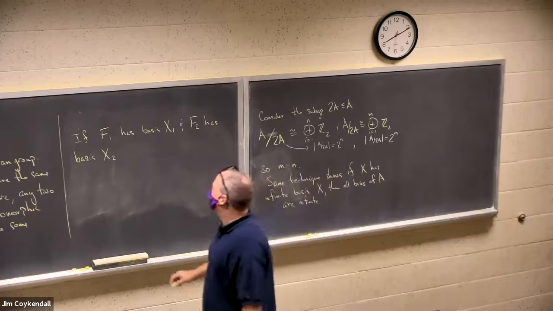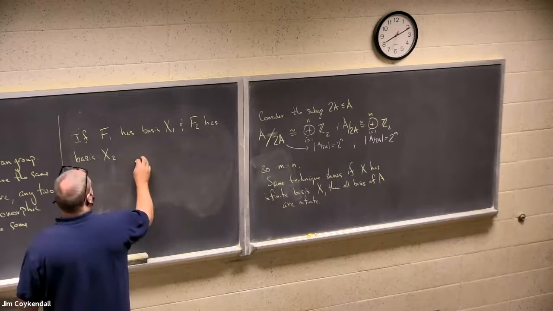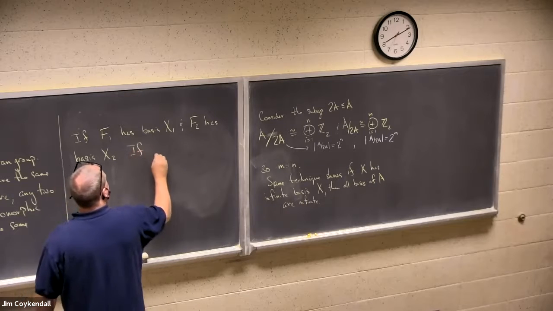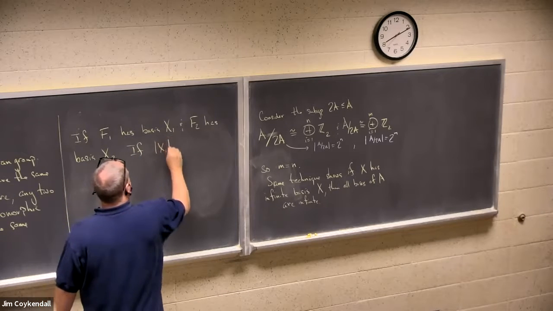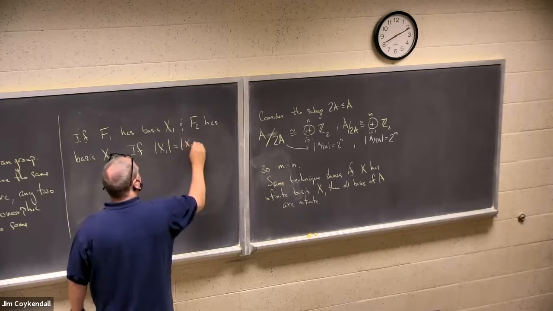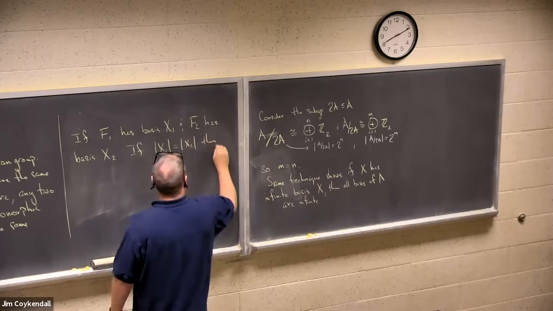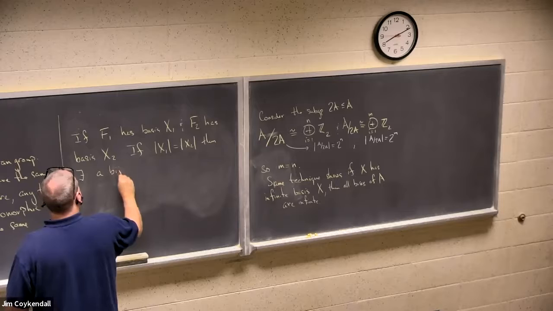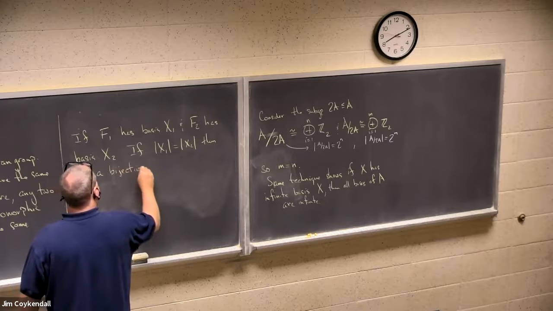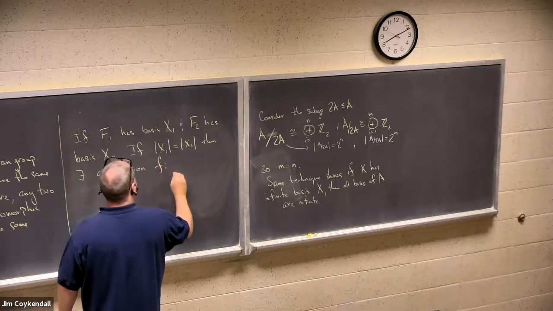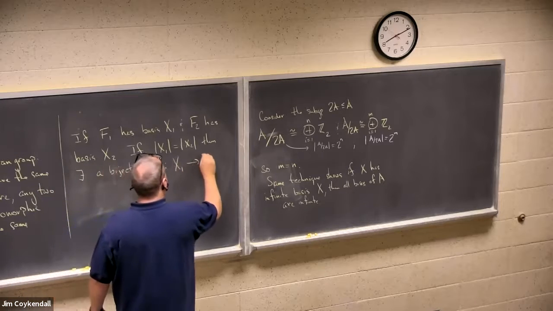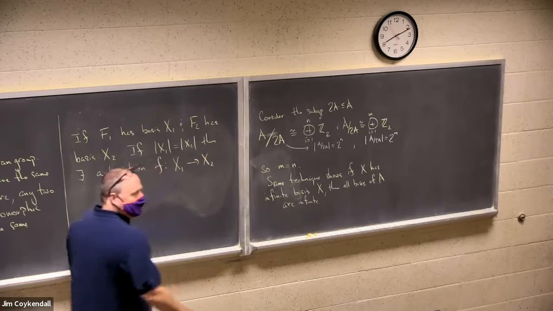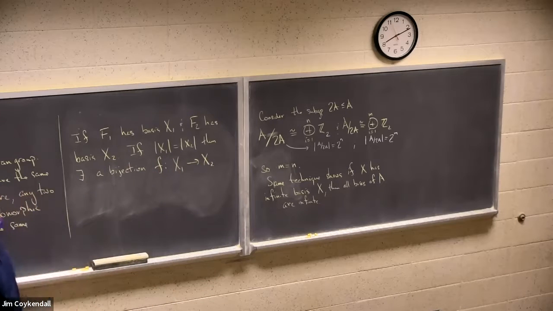If X1 equals X2 in size, then there exists a bijection F from X1 to X2. Right, of course, that's what it means for two sets to have the same size.